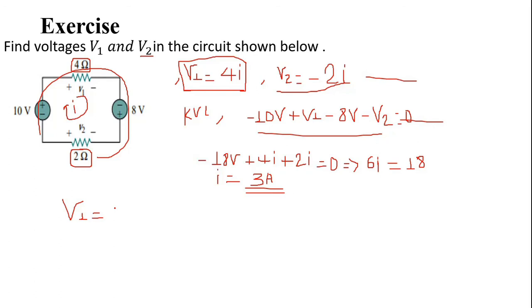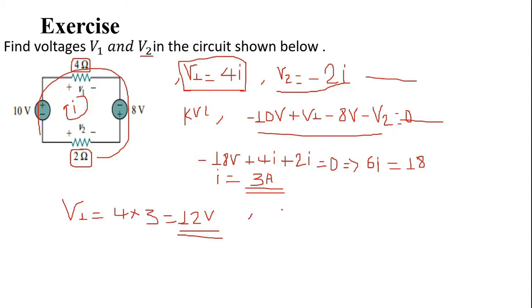So V1 can be calculated as 4 times I, that means 3, which is 12 volt. So the voltage drop across the first resistance, that means across 4 ohm, is calculated as 12 volt.